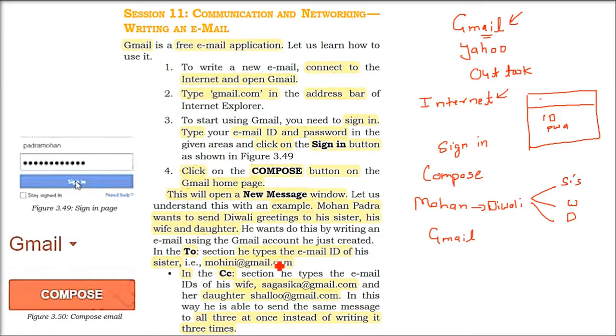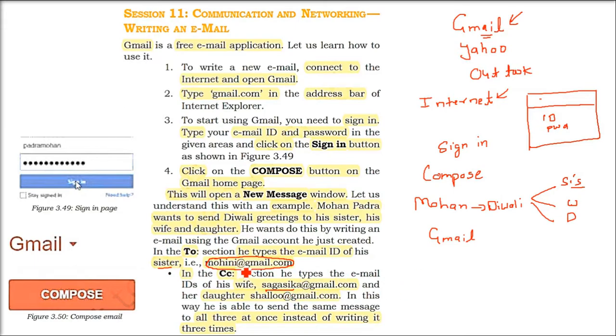In the email ID section, in the To section, he will send it to Mohini. So Mohini is the main recipient. Main recipient is Mohini. Now he will do what? He will carbon copy it, CC. So he will send the same email to 2 other persons, wife and daughter.